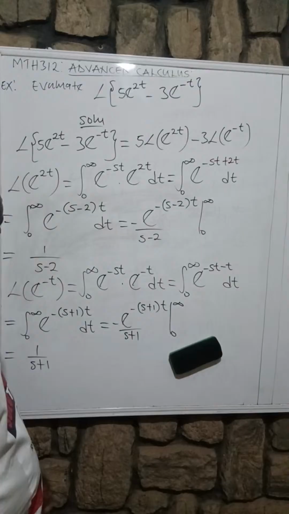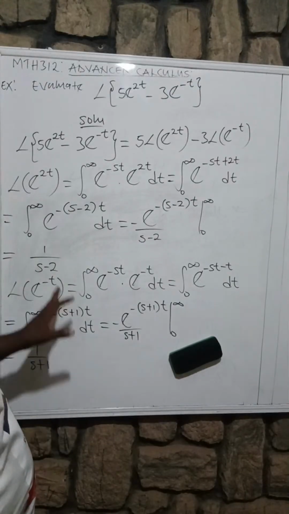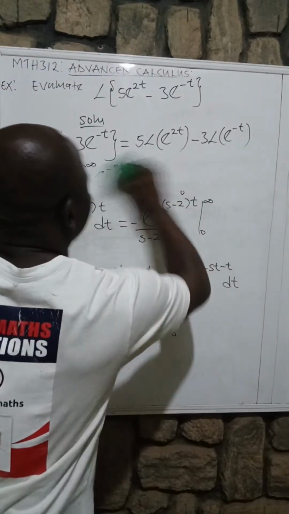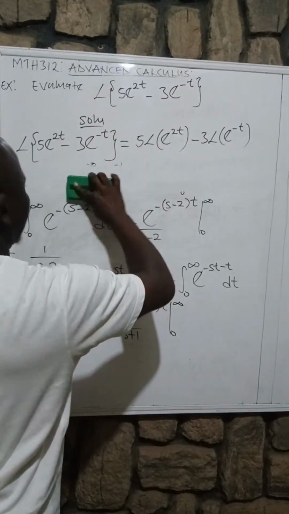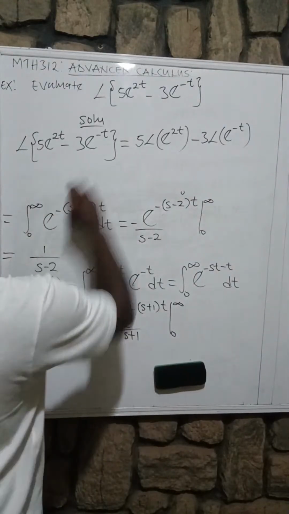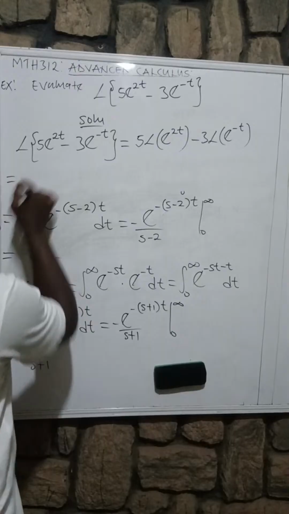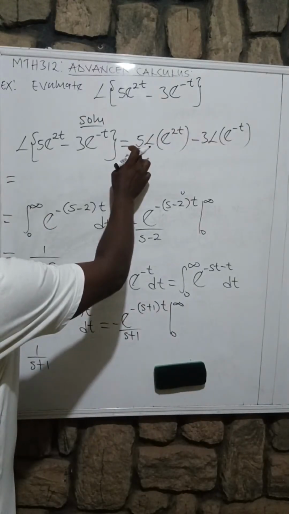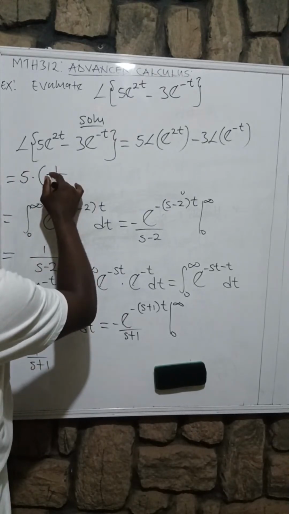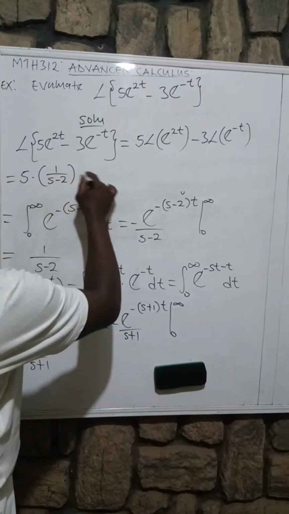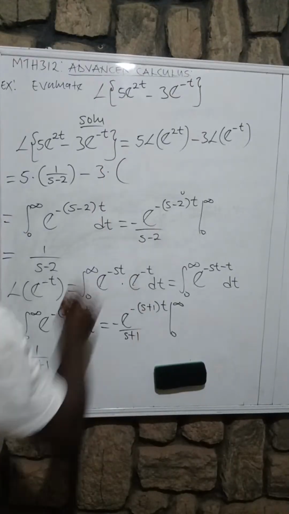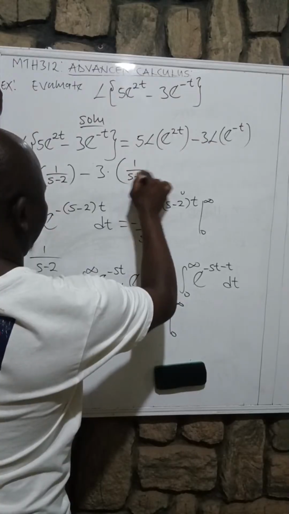True. Okay. So with what we have just done now, you see that it is not difficult. Let me clean this, then we begin to substitute. You see that it is not difficult, if you know your properties. So here gives us 5 times open bracket 1 all over s minus 2, then minus 3 times open bracket 1 all over s plus 1.